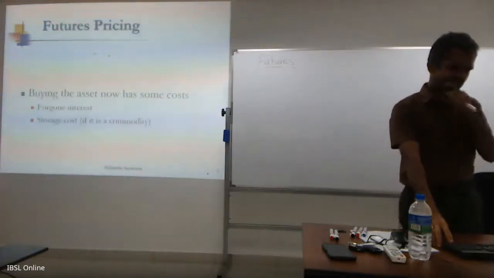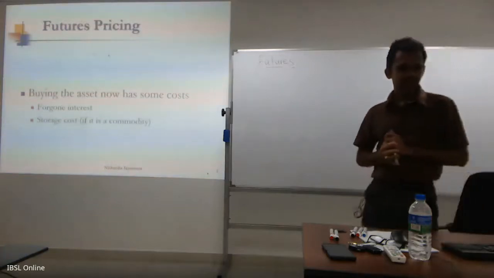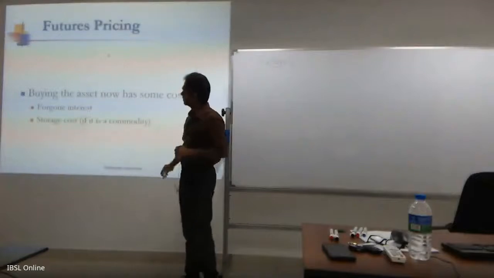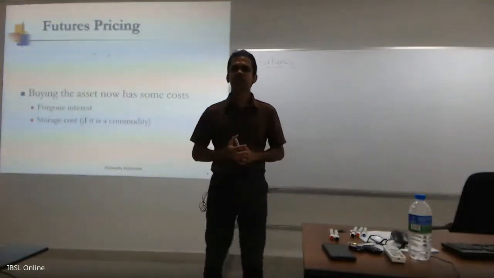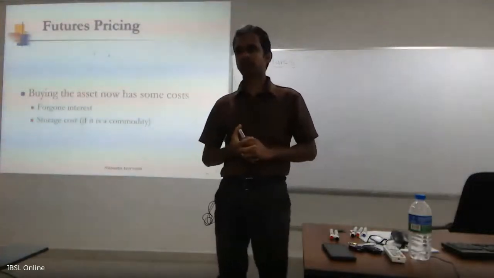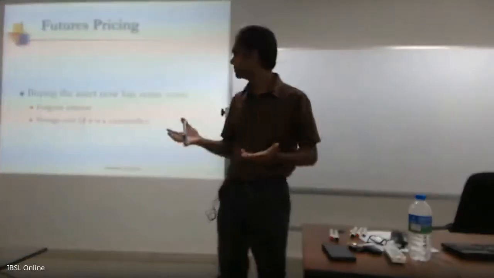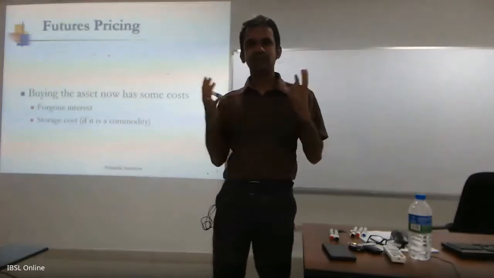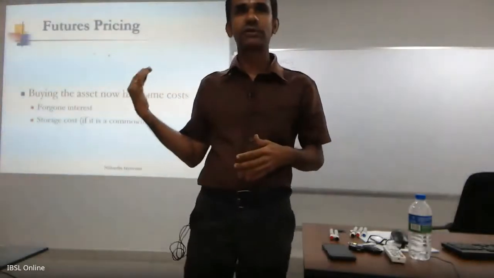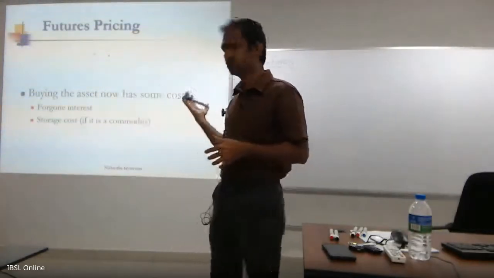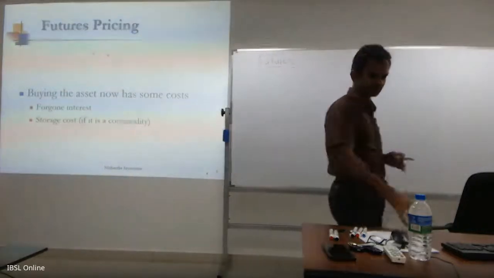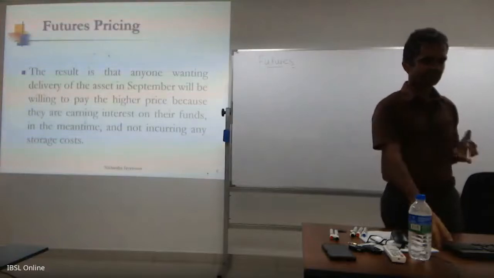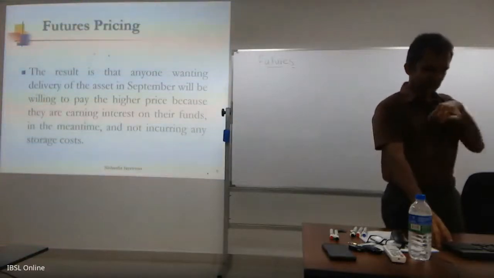Basically, these are the things, as I explained, that we factored into the equations. We have foregone interest and storage cost. Foregone interest is also a cost. So first we factor only the cost.